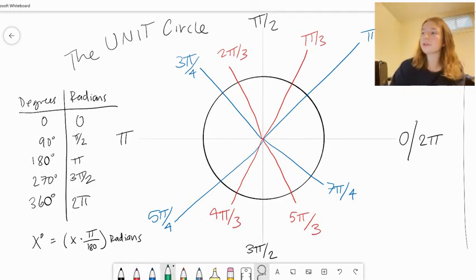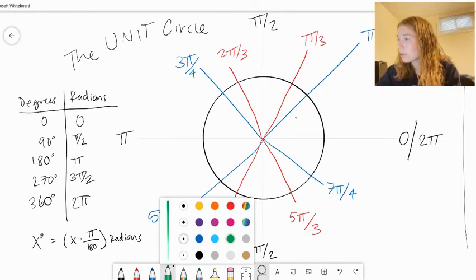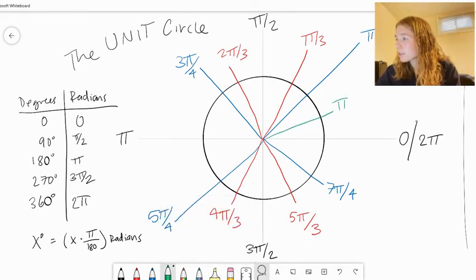The last one we are going to do is divide our circle into 12ths. Now, when you divide 2 pi into 12 even sections, you get angles of pi over 6. So here will be our first angle, pi over 6.